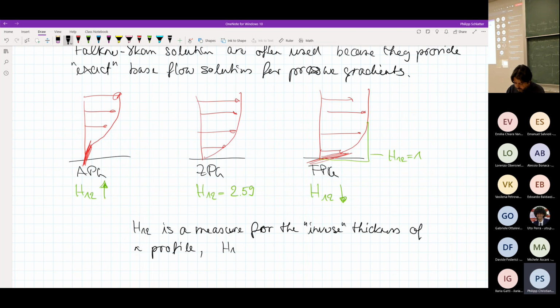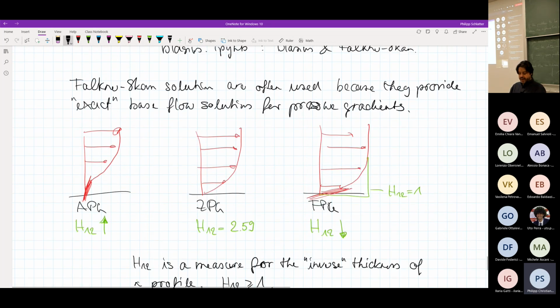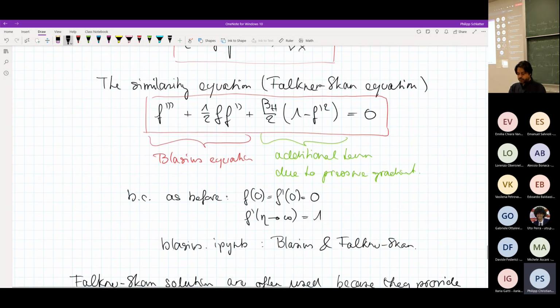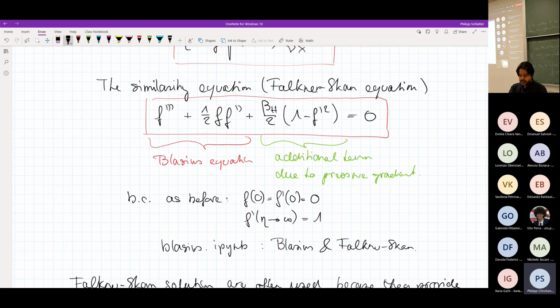And H12 is always larger or equal to 1. Okay, as I said, if you're interested in also looking at solutions of this, go on the homepage tonight, and there will be this Python code which you can run and look at and calculate profiles.